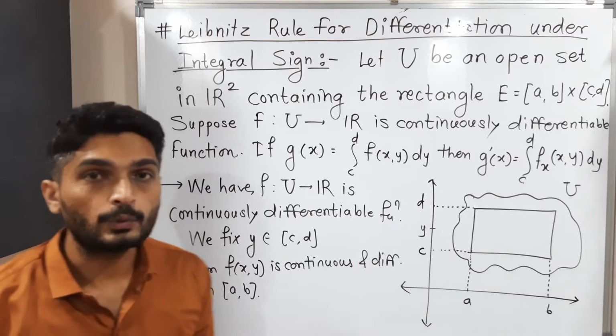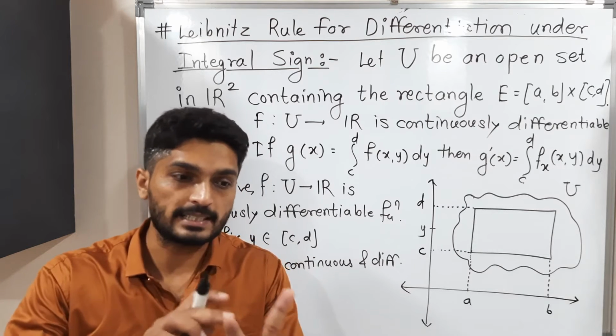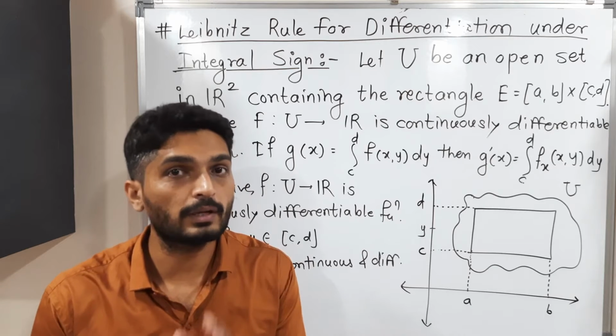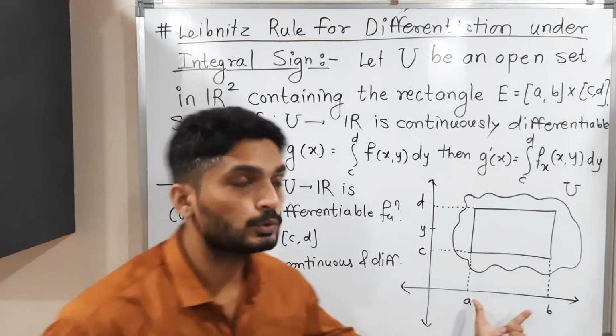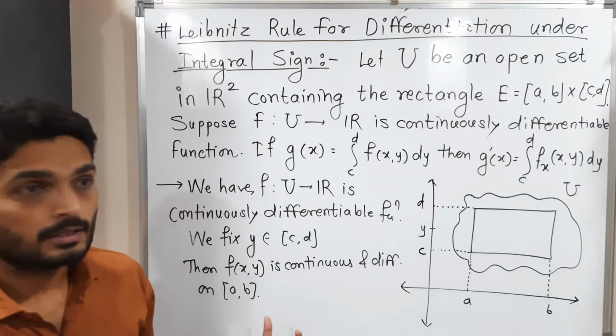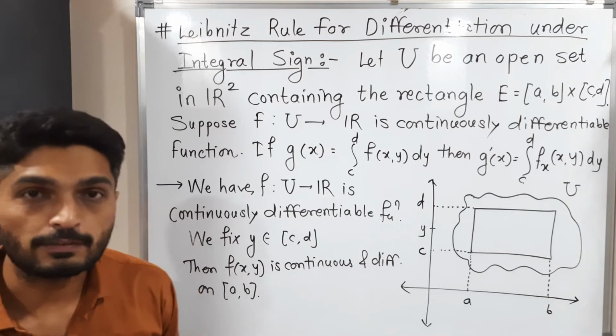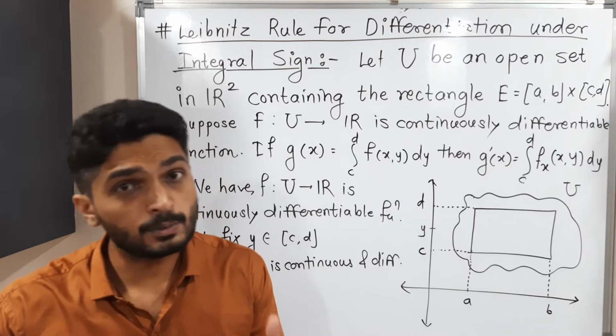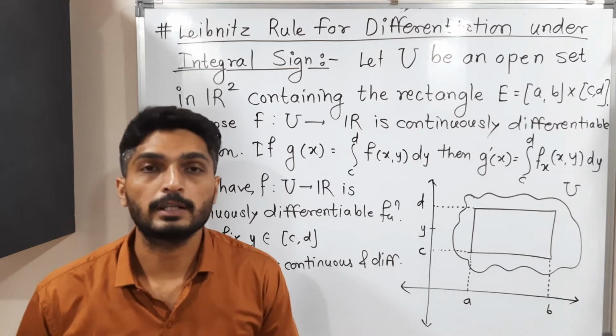As I told you, f is a function of two variables, x and y, but we fix y. Then it is a function of one variable x, and x belongs to this closed interval [a,b]. So basically f is continuously differentiable, so that's why we can say f of x, y is continuous as well as differentiable on the closed interval [a,b].